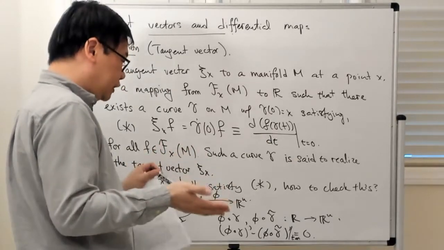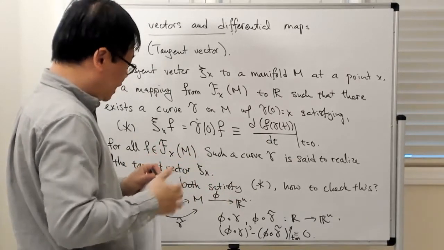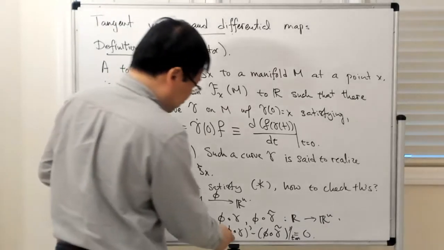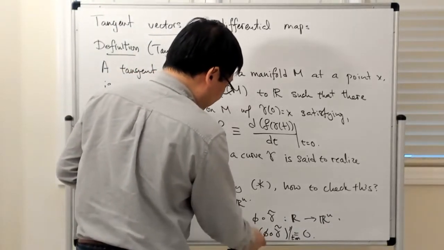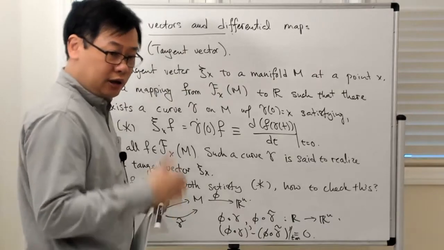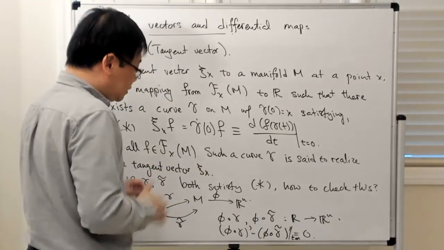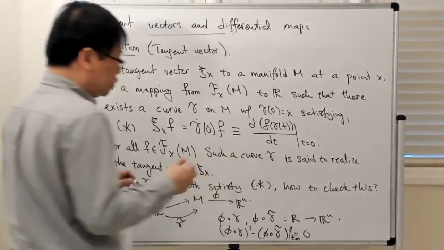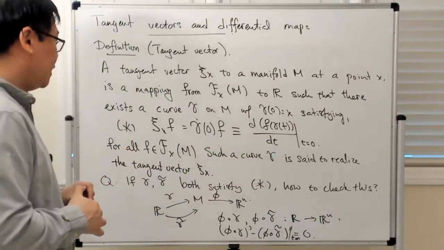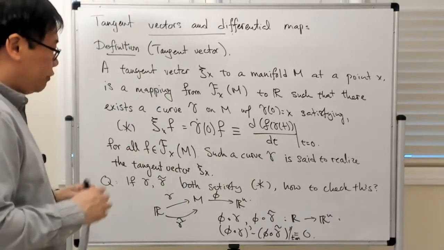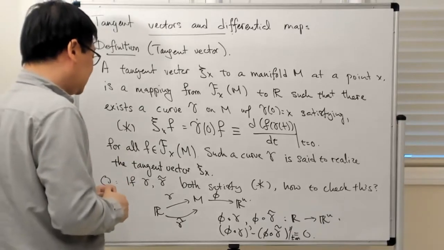And the way you check that they are going to realize the same abstract tangent vector is that you compute the derivative of that curve in some sort of local coordinate chart. And if they agree at time t equals 0, then they really are going to be part of that same equivalence class.